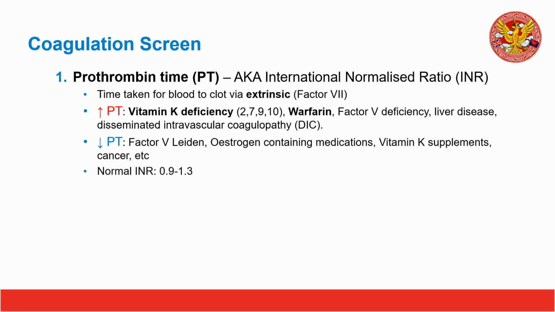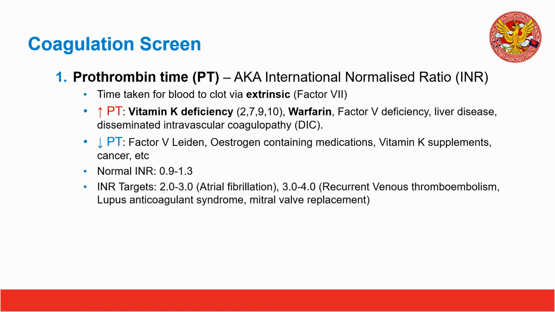Just wanted to indicate your INR is something that's utilized to monitor patients who are on anticoagulant medications. So your normal INR is usually between 0.9 and 1.3. Less than 0.9 indicates there's a high risk of thrombosis or clot formation.